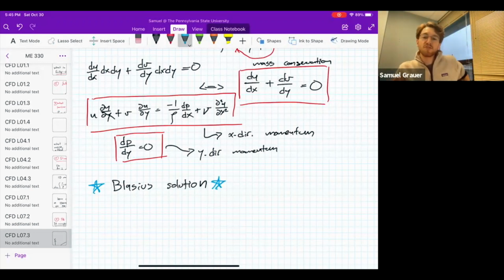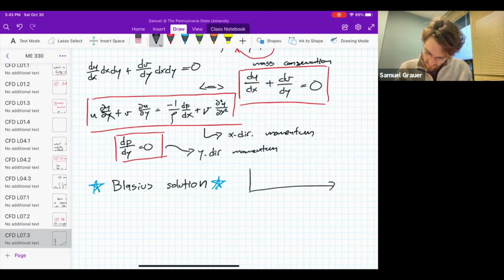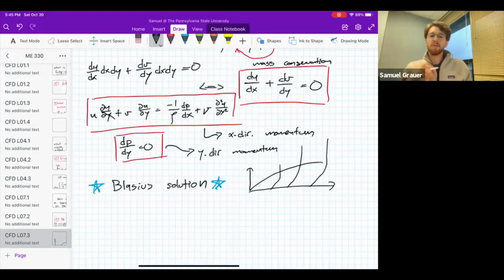And what you do is you start off with a hypothesis. You say, well, as we go along in that flow field, the boundary layers should basically look the same. So we should have boundary layers that look kind of the same. They're just getting bigger. So they're kind of getting stretched out with the boundary layer.